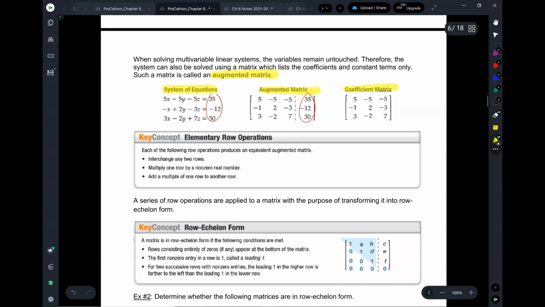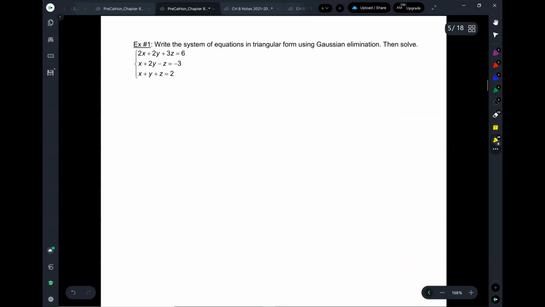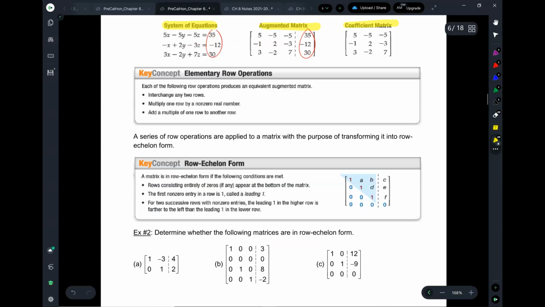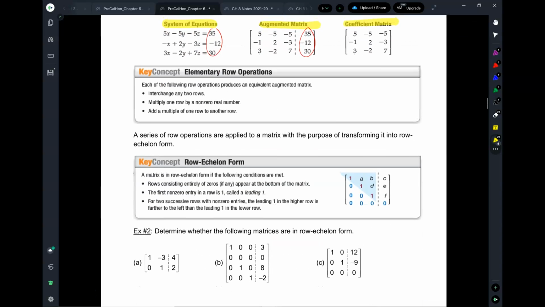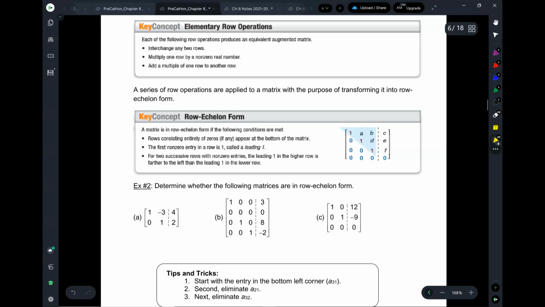Now, you can do the exact same operations as you did for the previous one, and it will turn out the exact same thing. When you finish, you end in row echelon form, which means the matrix looks like this.